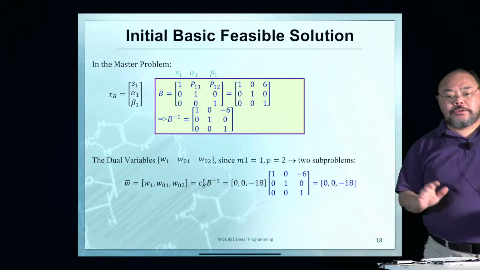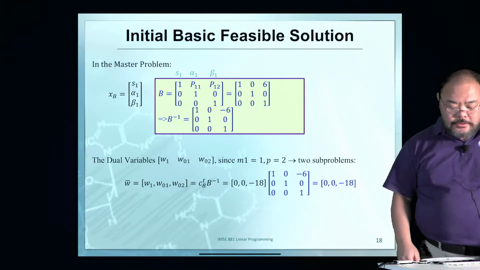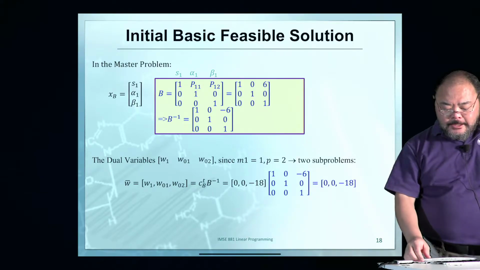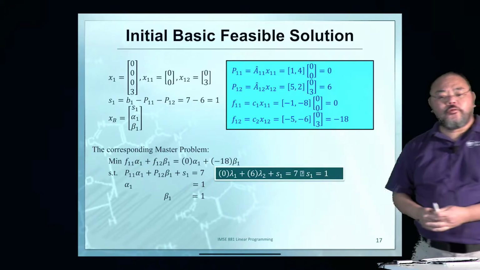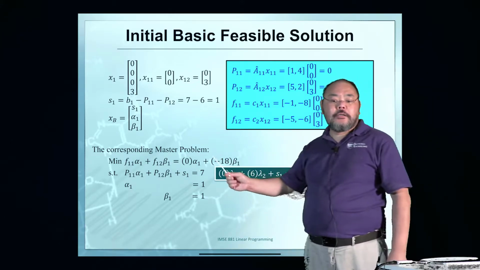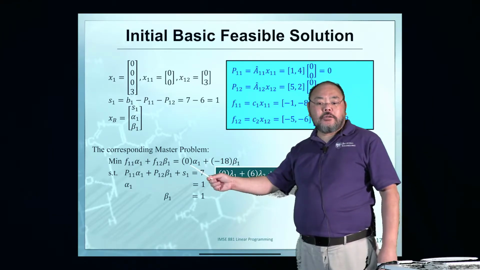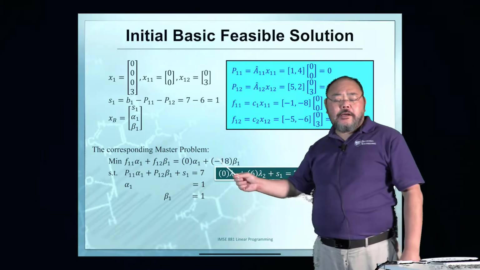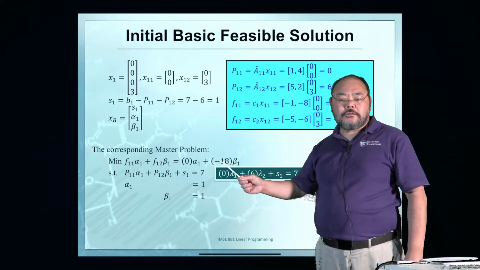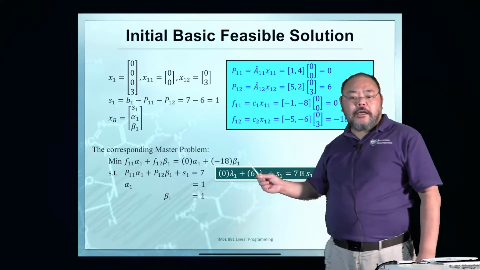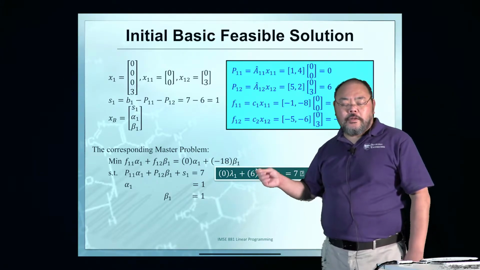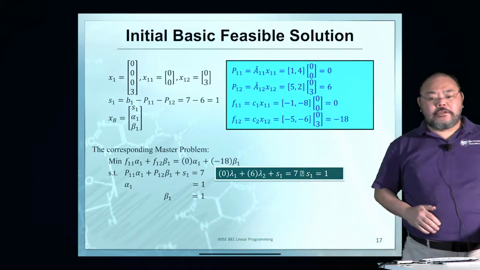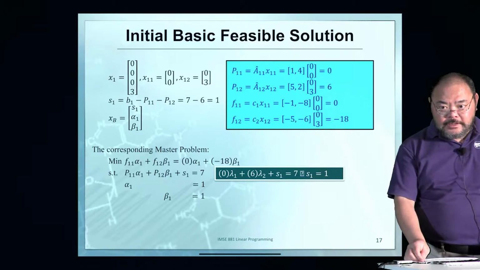I want to make sure you understand where all the variable numbers are coming from to form the master problem. Alpha 1 has a coefficient of 0 in the objective function. Beta 1 has a cost coefficient of negative 18. And S1, since it's a slack variable, has a 0 cost coefficient as well.